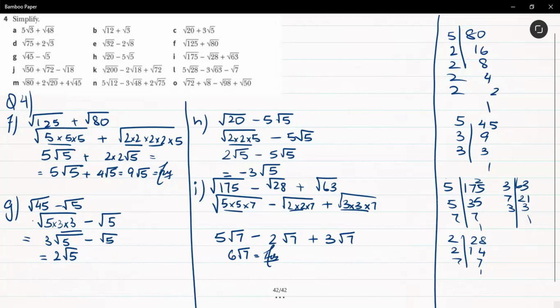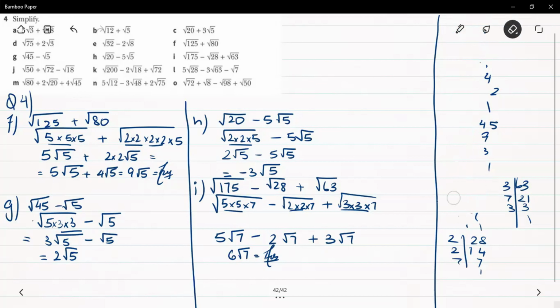Proceeding on to part J. Before we do that, let me just raise this up.